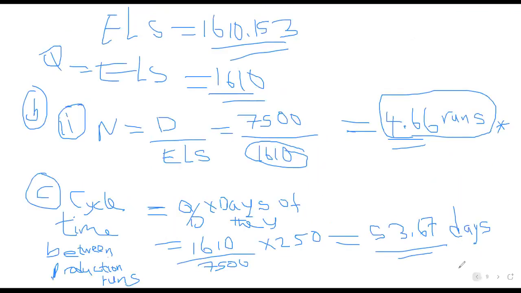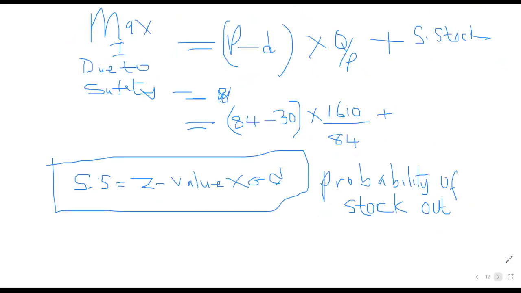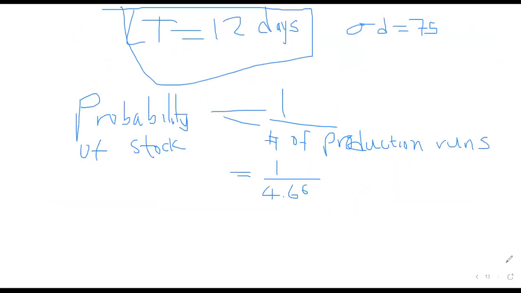We can go back, number of production runs, we had 4.66. So it's 1 over 4.66. Let's find the probability of stock out. It would be 1 divided by 4.66.